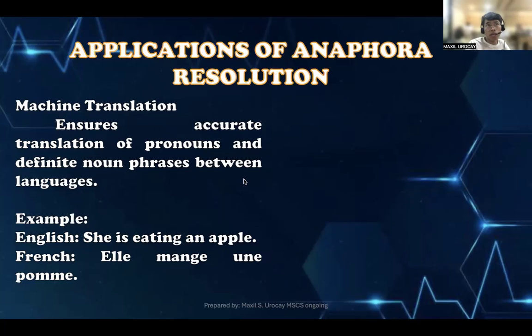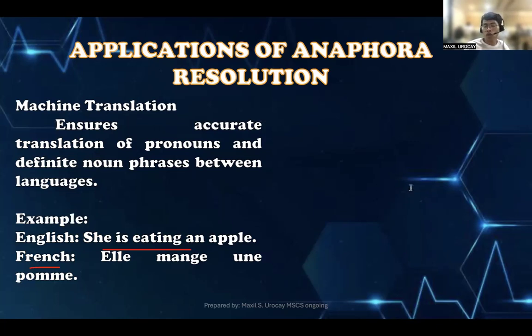So in our NLP, studying anaphora resolution is really important since if you really know the process, this will strengthen those noun and pronoun accurately, because that is really one of the reasons that we need to study carefully the semantic processing. So in English, say for example, she is eating an apple. In French, elle mange une pomme. I don't know how to read that one since I'm not French, you know.